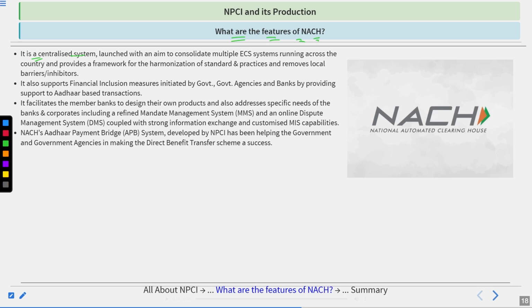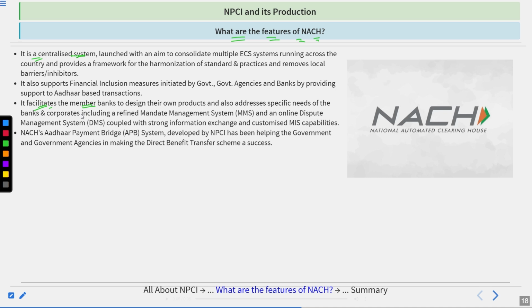It is a centralized system launched with an aim to consolidate multiple ECS systems running across the country, provides a framework for the harmonization of standards and practices, and removes local barriers and inhibitors. It also supports financial inclusion measures initiated by the government agencies and banks by providing support to the Aadhaar-based transactions.